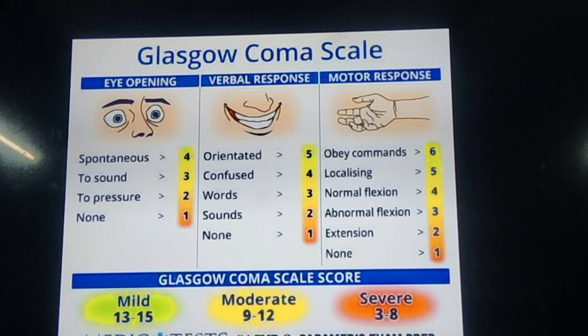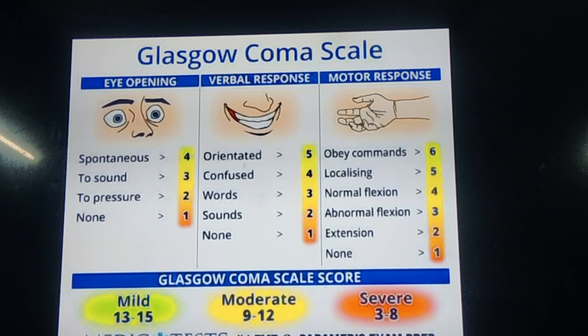So this is GCS, the Glasgow Coma Scale, which is a very important part of the neurological assessment. As an ICU nurse or ER nurse, we must be familiar with this, and we must not just memorize each component, but should also know how to assess it, report it, and act.